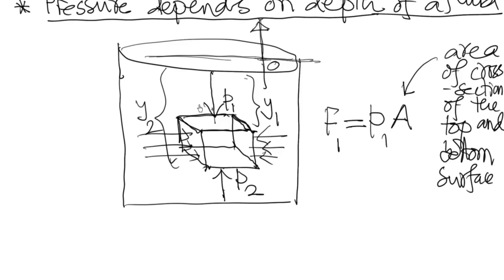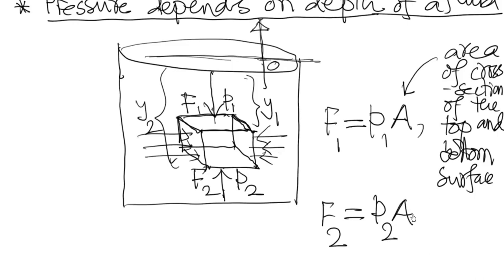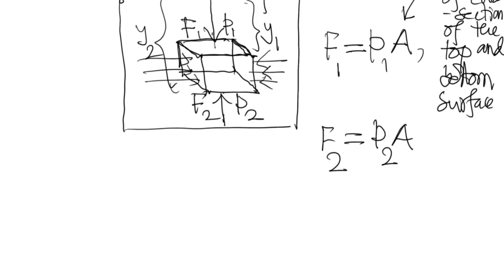Similarly, the force on the bottom surface is F2, and F2 is P2 into A. And the pressure on the bottom surface is larger than the pressure on the top surface, because the depth of the bottom surface is higher than the depth of the top surface.